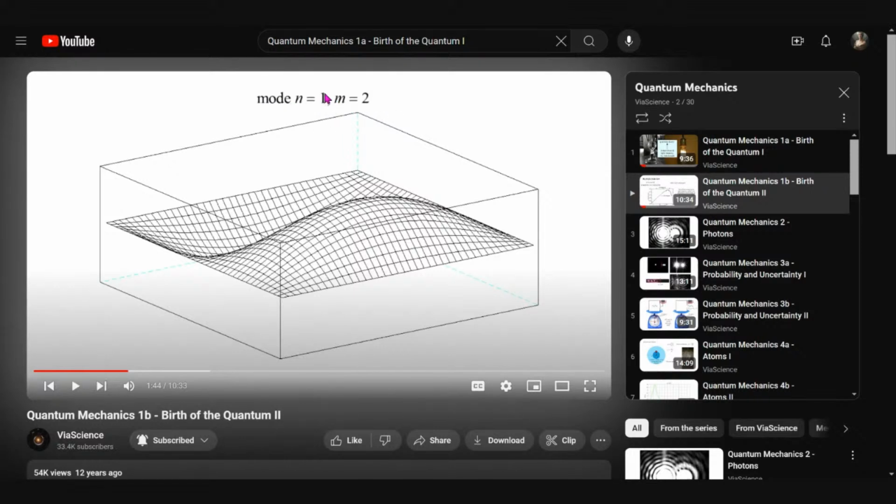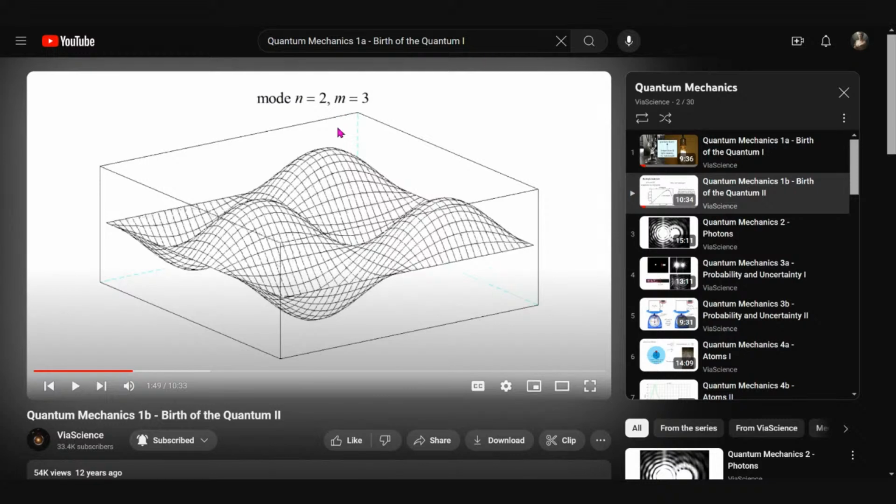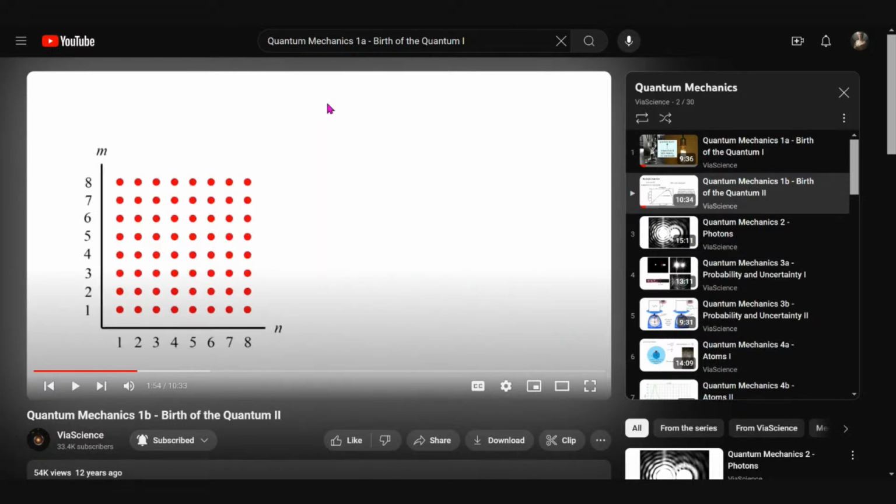This is incorrect. This is a mistake. That's not the right mode. Or unless m... Oh, wait, what? I'm lost. I don't know how he's counting anything. Here there's 3 bumps. So m is the number of bumps. And n, what is n? The mode? I don't know.